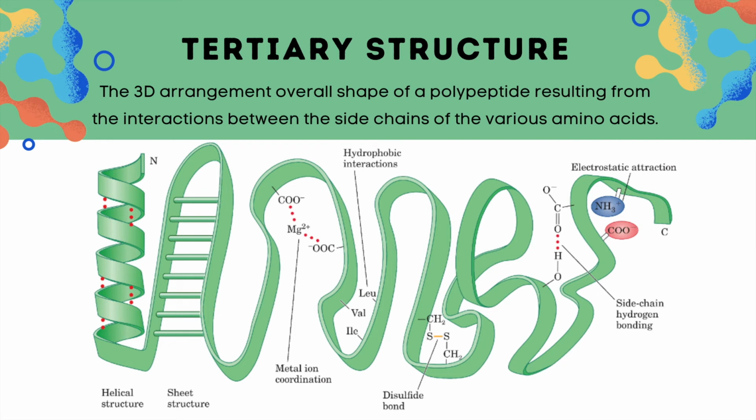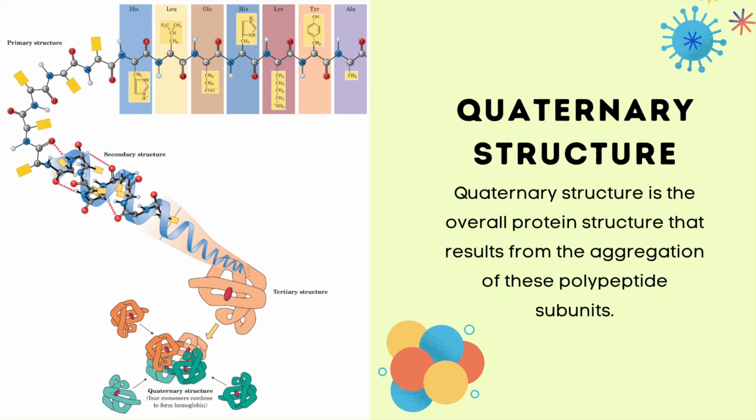Further, while secondary structure involves interactions between the backbone constituents, tertiary structure is the overall shape of a polypeptide resulting from interactions between the side chains of the various amino acids. And lastly, the quaternary structure is the overall protein structure that results from the aggregation of these polypeptide units.